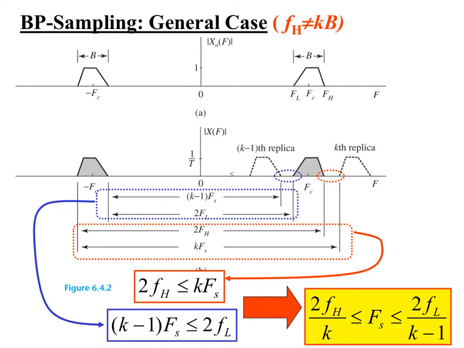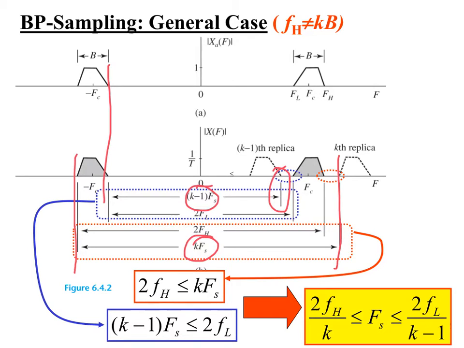If we go from this edge up to this edge where that needs to be shifted to, and likewise from this edge up to this edge where that next one is, we can puzzle out that one of those is going to be K minus 1 times Fs, and the other one is going to be K times Fs. So we have those two edges nailed down.